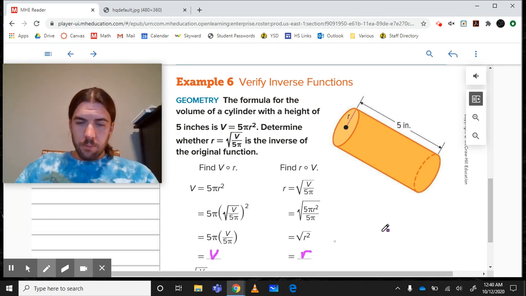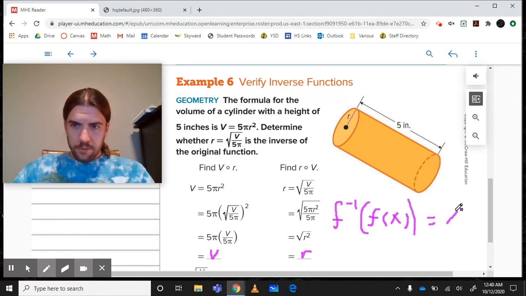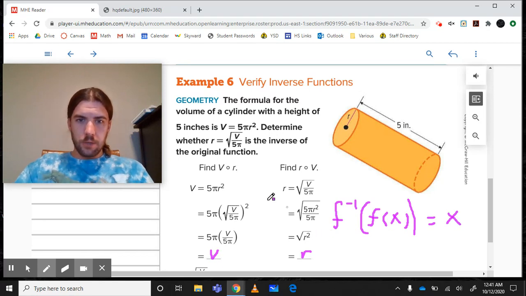Now we want to keep in mind that what we're generally doing is we're saying the inverse of the function needs to just equal that input. So in this case, that's what we got.